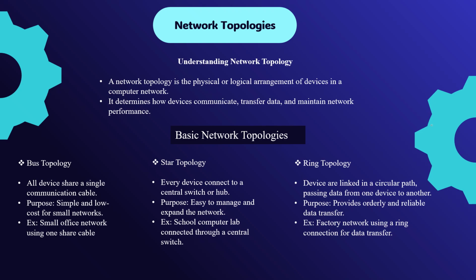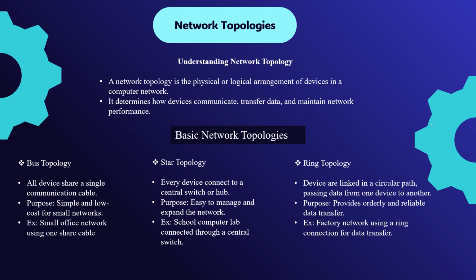Second, star topology, where every device is connected to a central switch or hub. This makes it easy to manage and expand the network, since adding or removing a device only affects that one connection point. A good example is a school computer lab connected through a central switch, right?